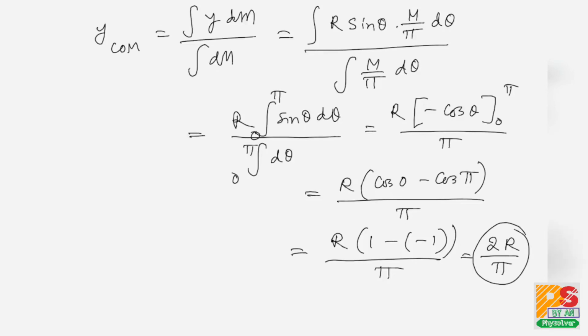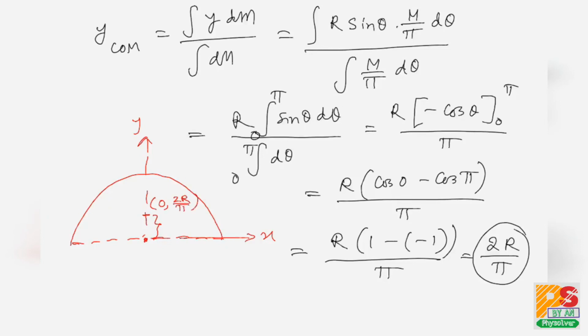Therefore I can say that if this is the semicircular ring, the x coordinate of its center of mass is 0, that is situated on the y axis, and the y coordinate of the center of mass is 2r by pi. So this is the coordinate of the center of mass, 0, 2r divided by pi.